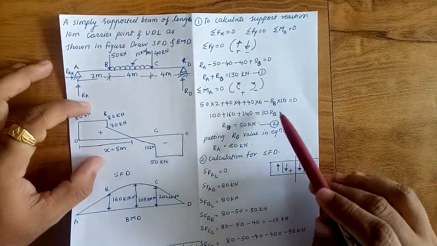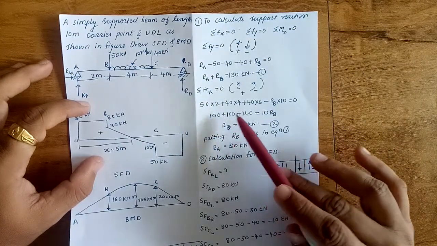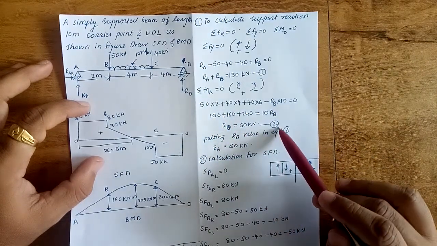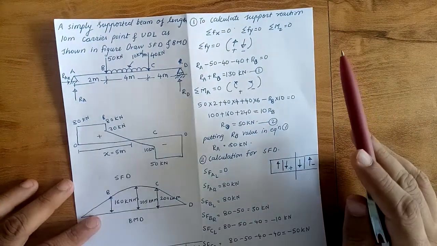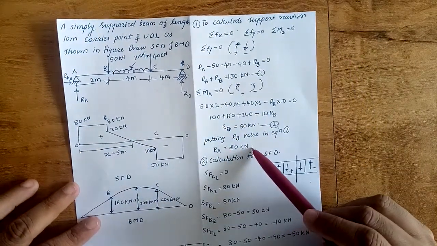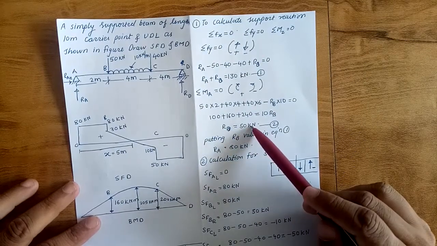By solving this, we got RD equal to 50 kilonewton, upward. So we got both reactions: RA is 80 kilonewton and RD is 50 kilonewton.